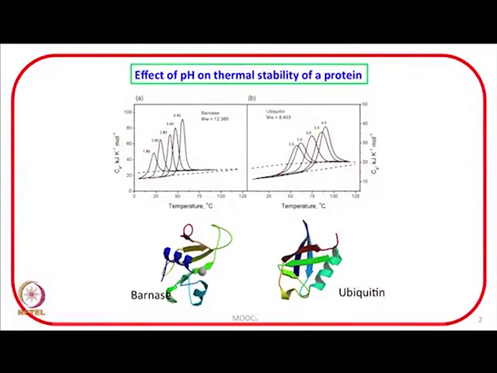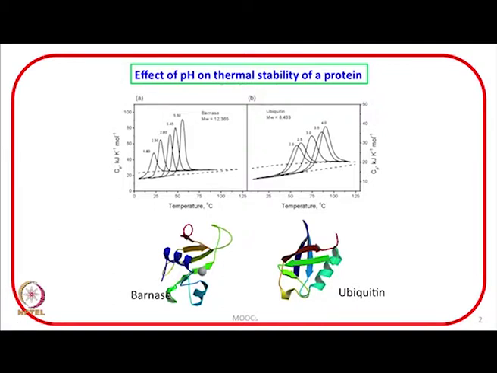What is the effect of pH on thermal stability of a protein? I am showing here two differential scanning calorimetric profiles. One is for the protein RNase, this one on the left hand panel, and the other is for ubiquitin, this is on the right hand panel.